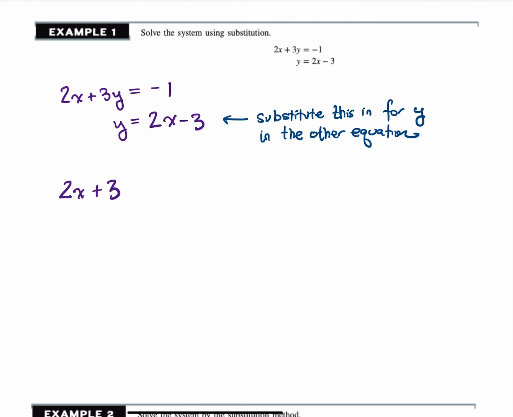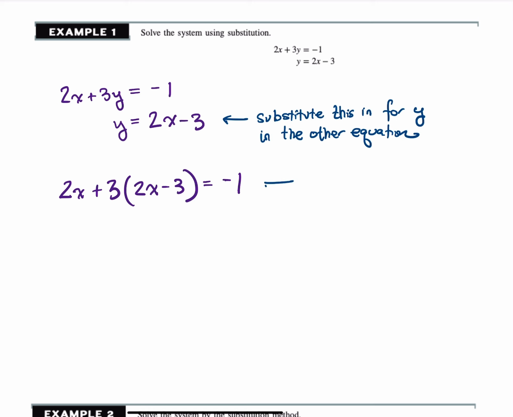So 2x plus 3, and then instead of y, I'll put some parentheses and stick 2x minus 3 in here. And this is equal to -1. So notice we essentially got rid of the y's. We substituted an expression in x for the y in the other equation. And that's where this term substitution method is coming from.